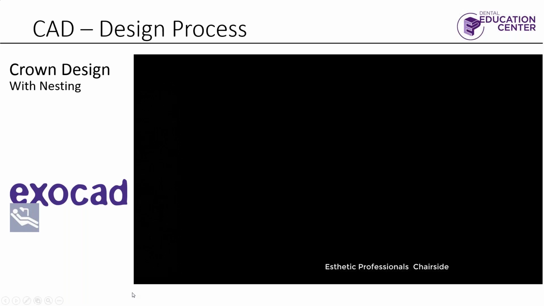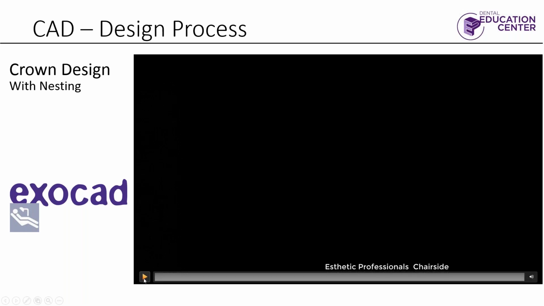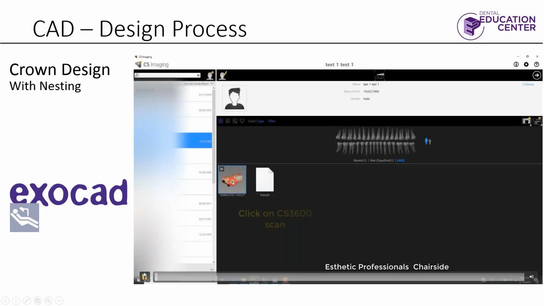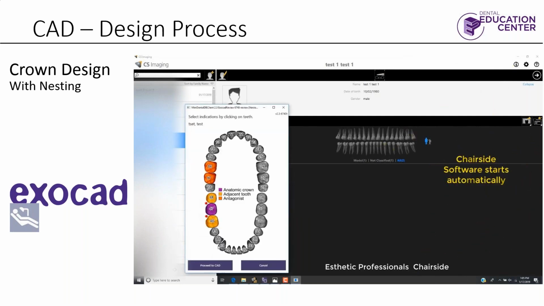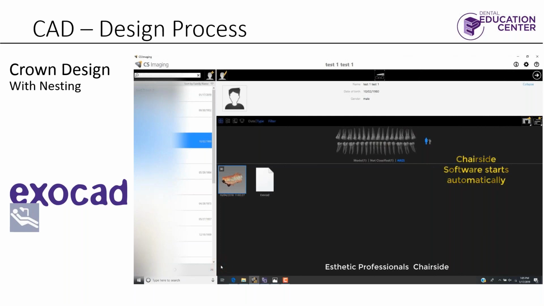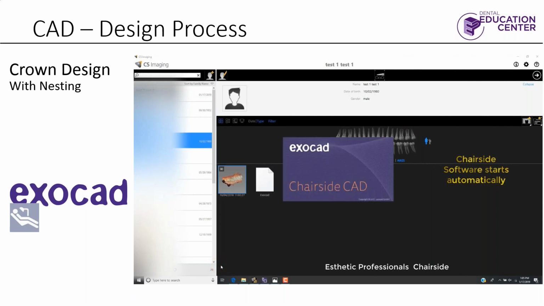This is the CHAIRSIDE design, and a little video that we did in-house here. You'd go from an intraoral scan here that's already scanned into the software. I wanted to focus on actually working with the CHAIRSIDE software really quickly. So you open up the CHAIRSIDE software.